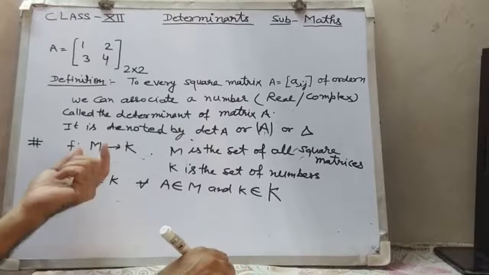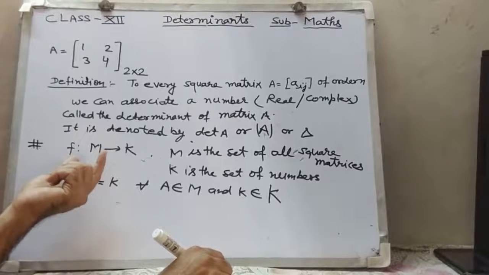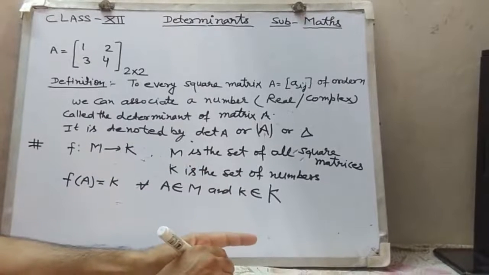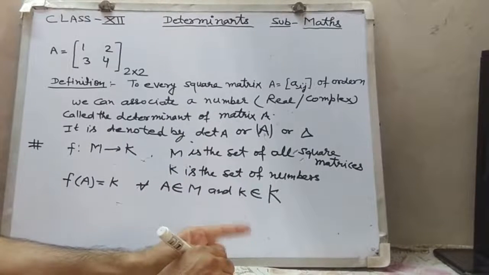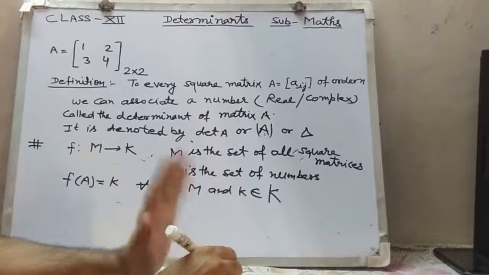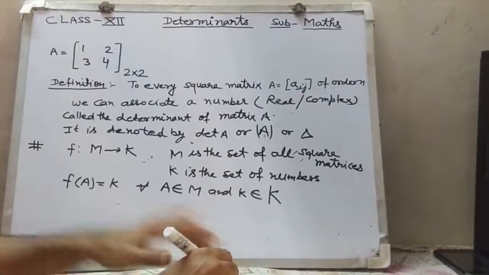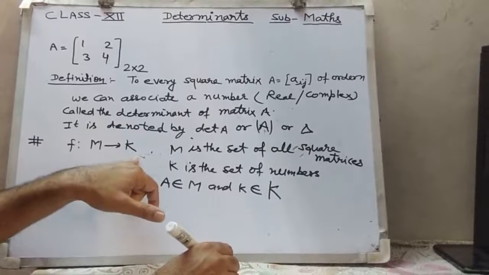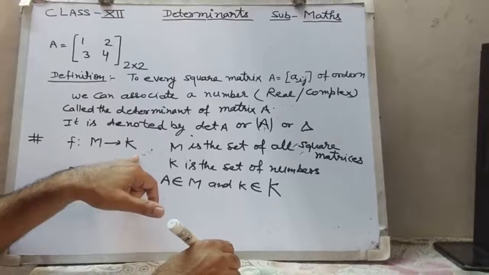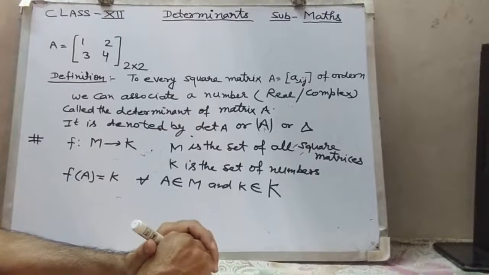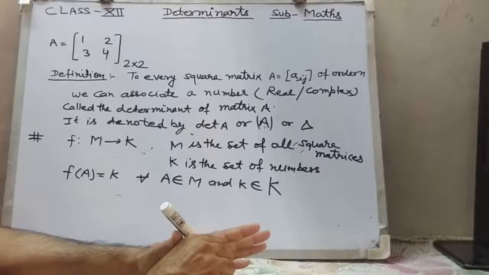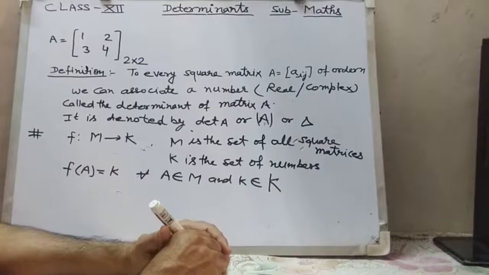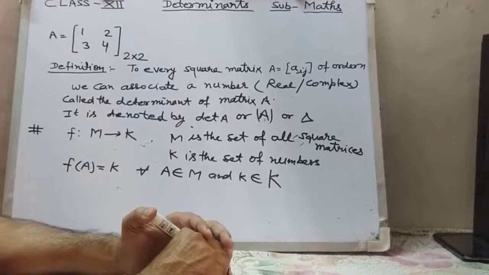Means first set से हम ले रहे हैं square matrix, इसका मतलब हर square matrix एक number से associate होगी और number से भी जो associate होगी वो unique number होगी। It means that every square matrix will associate with a unique number. That number can be real, that number can be complex also. In this way we can understand determinant is a function also. Determinant possesses only for square matrix.